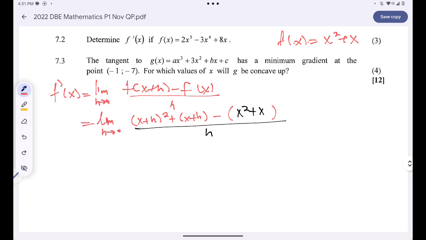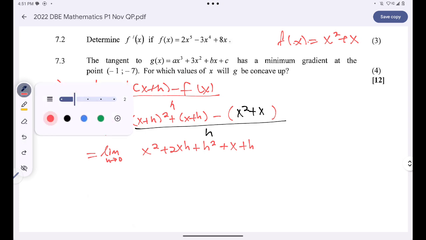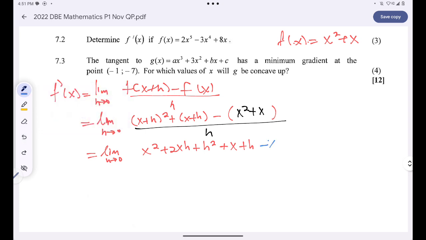Are we together? So I just need to remove the brackets now. You'll obviously open 2 brackets and expand here, but you'll end up having x squared plus 2xh plus h squared, and then you'll have a plus x and a plus h minus, I'll have a minus x squared and a minus h there, all over h over there.